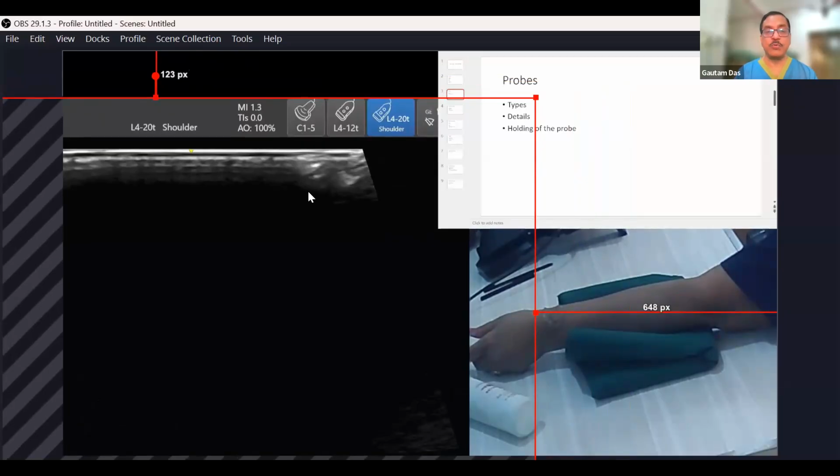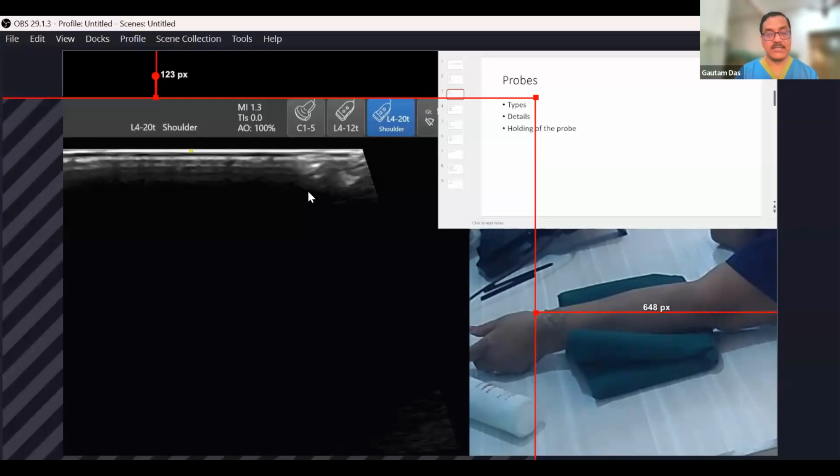When we demonstrate the lumbar spine, we will see that we mostly use the curvilinear probe, because the structures are deeper. If you examine the psoas or the lumbar plexus, we have to go to a depth of approximately 7-8 centimeters. Anything more than 6 or 7 centimeters, you have to use the curvilinear probe, otherwise you will not be able to see these structures nicely.